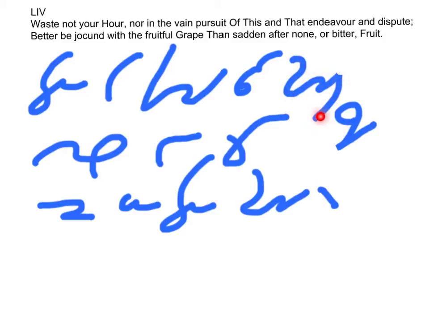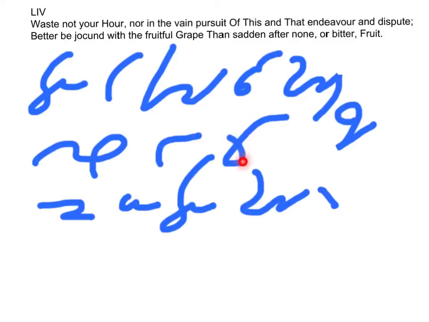F by itself at the end of a word stands for F-L, full. G-R-A-P. T-H-N is than. You leave out the A in than. You put in the E in then, and you leave off the T in that.